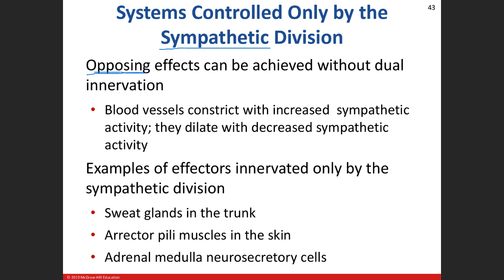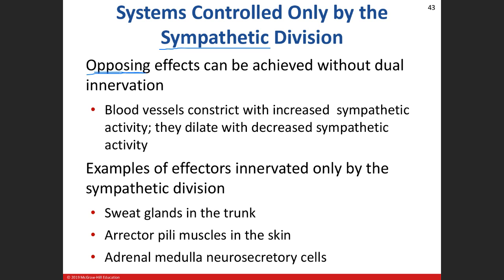Or if you shut it off completely, you'll get maximal vasodilation. So that's one way we can get these opposing effects without dual innervation. We don't need to bring in the parasympathetic nervous system. All we need to do is either turn up the sympathetic nervous system or turn it down, and we'll get those opposing effects.